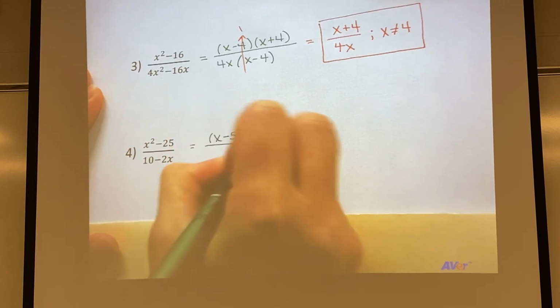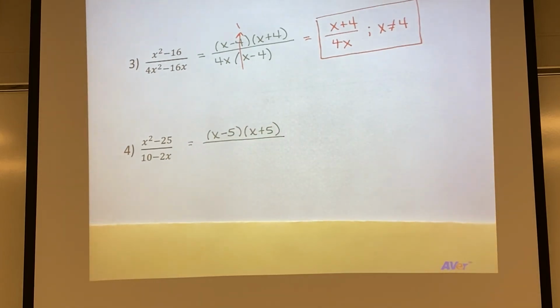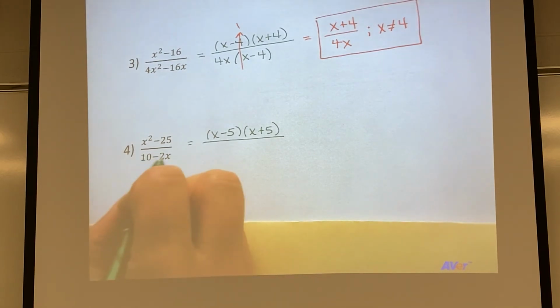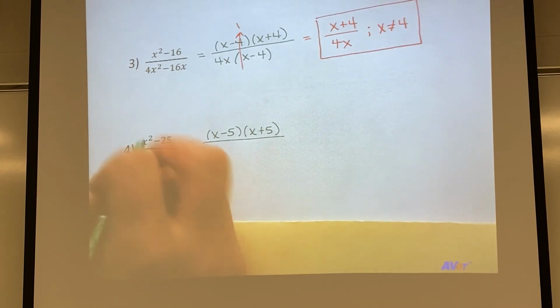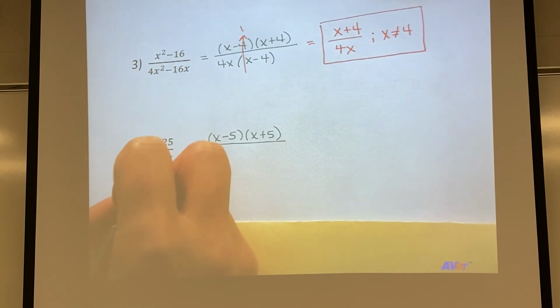Now this next denominator, you can look at in a couple different ways. I like to look at all of my polynomials when they're written in standard form. What I mean by that, these are written backwards to me. Remember when we write things going from greatest to least of exponents? So this really should be negative 2x plus 10.